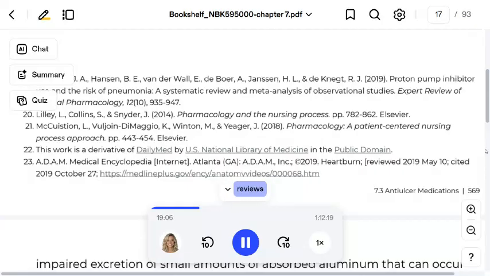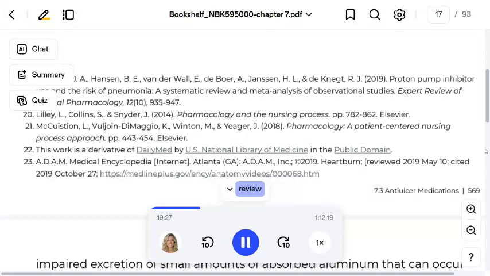The nurse reviews the provider orders for an indication for this medication before calling the provider to clarify. What is the likely indication for this drug therapy for this client? Note: answers to the critical thinking activities can be found in the answer keys section at the end of the book.